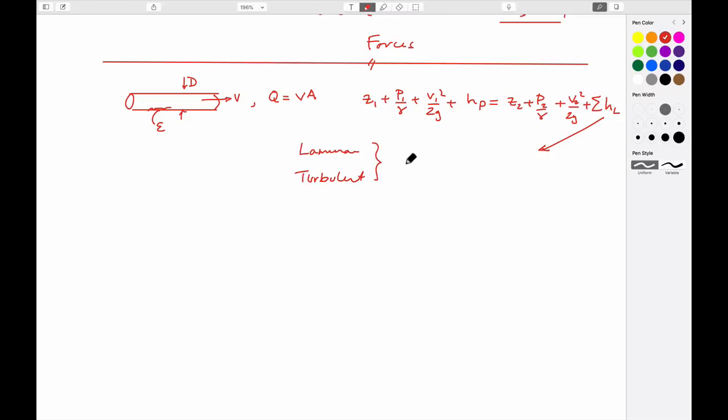In both cases, they're defined in terms of a friction factor, the length of the pipe divided by its diameter, and the velocity head within the pipe. Important, this is in the pipe, and that this would be the length of the pipe that we're interested in.